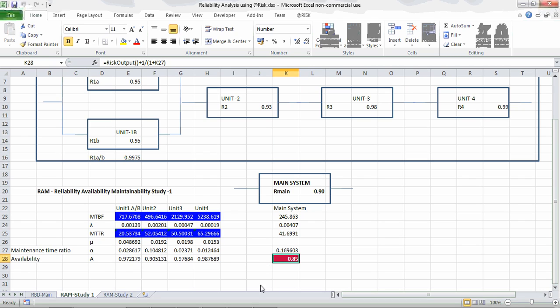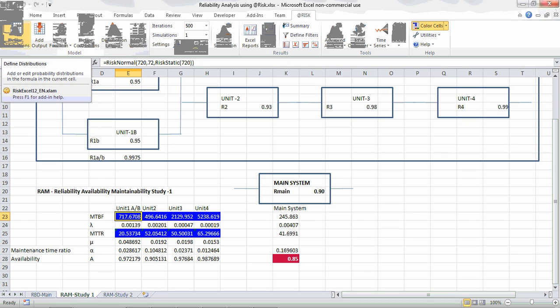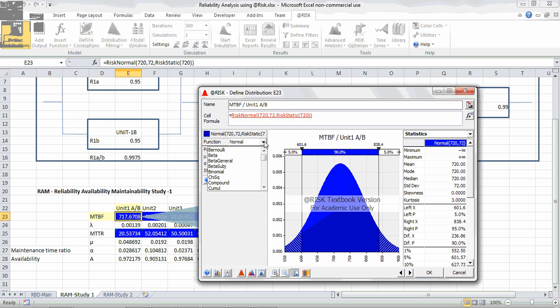Now what we're doing here is defining a distribution for mean time between failure and mean time to repair. So we know the mean time between failure, and I'm defining a distribution in order to carry out the Monte Carlo analysis. For the mean time between failure for unit 1AB, I go to Address, and I click on define distribution, and I've chosen normal, because when you click on this you can select the distribution you want.